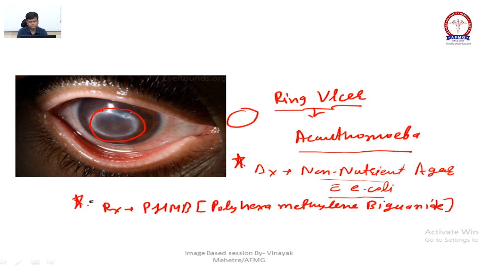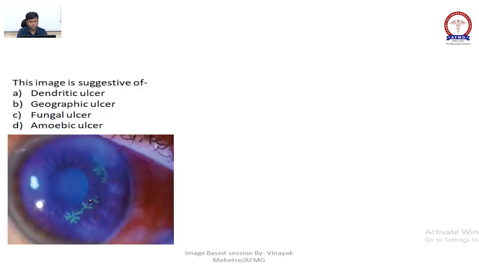Okay, now this MCQ coming again and again. Image is suggestive of anyone? This is called as what? Dendritic ulcer. They asked you this question recently.